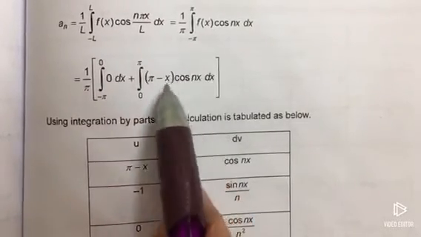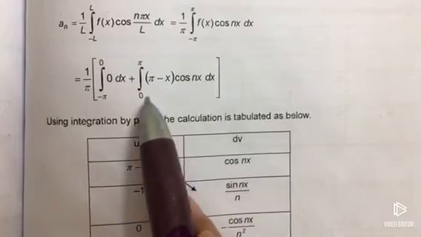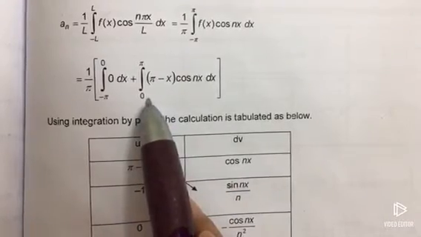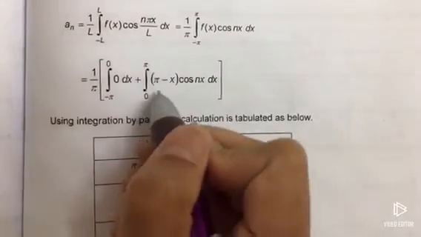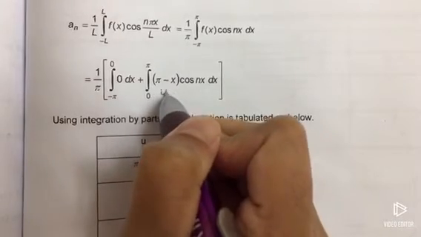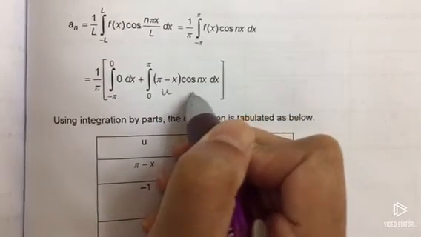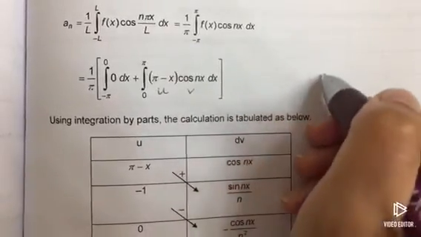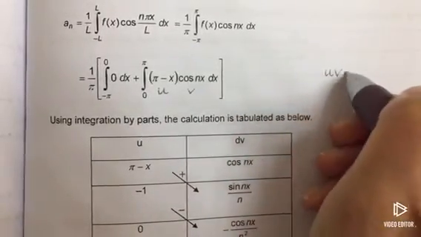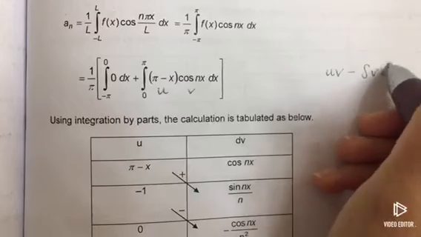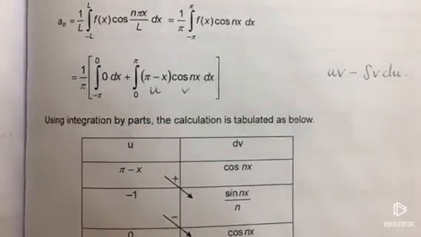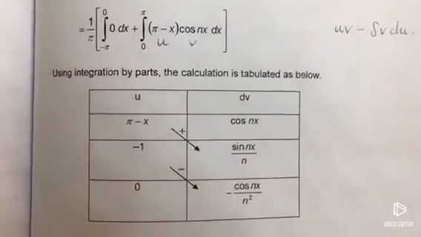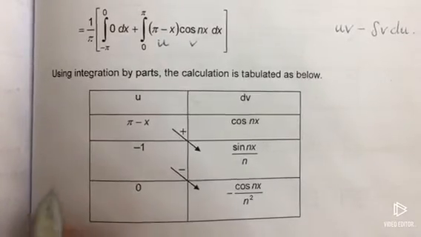To integrate the second term, we need to use integration by parts. Let pi minus x be u, and cos nx be dv. By using integration by parts, uv minus integral of v du. Okay, we can use tabular integration by parts to make it easy.